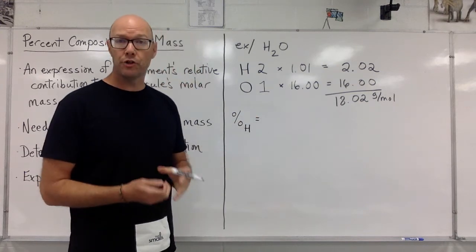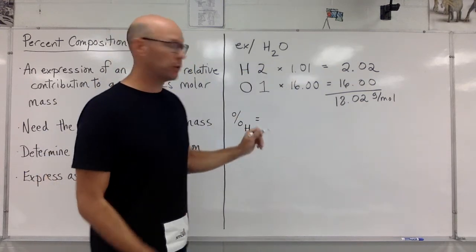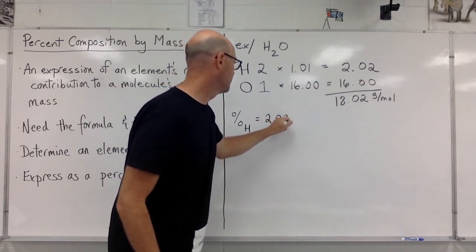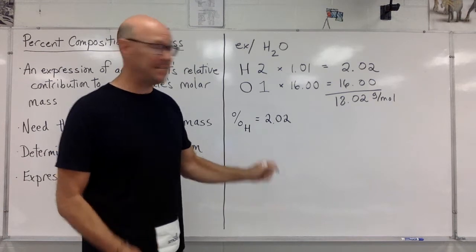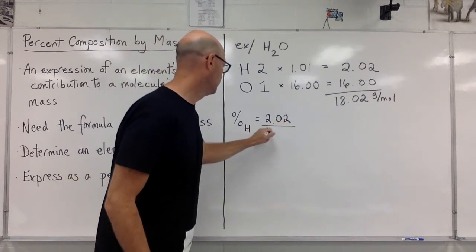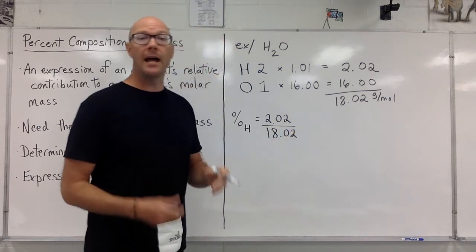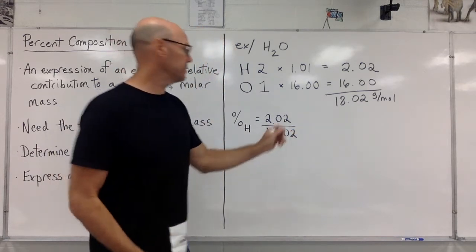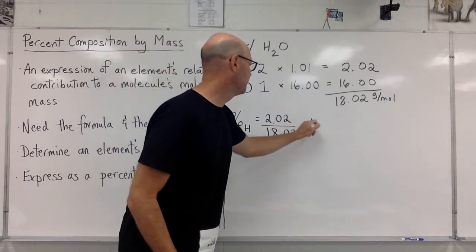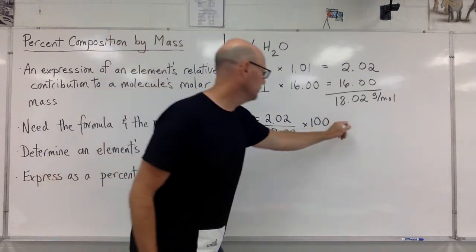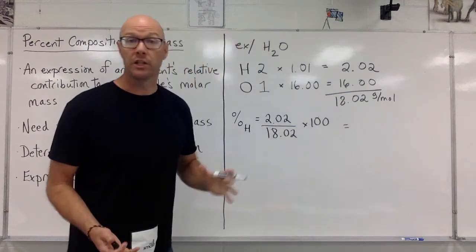Well, the hydrogen contributed 2.02 out of the 18.02. But I need to express that as a percent, so I'm going to multiply by 100. We need to work that out.